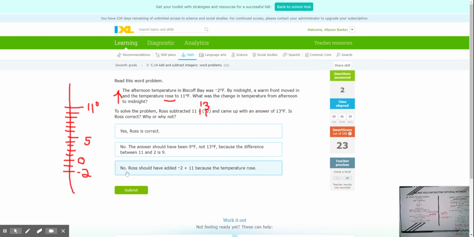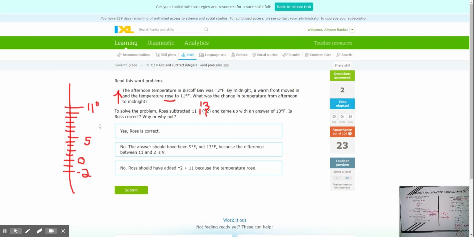All right, so if it rose to 11, let's count how many degrees it actually rose. 1, 2, 3, 4, 5, 6, 7, 8, 9, 10, 11, 12, 13.